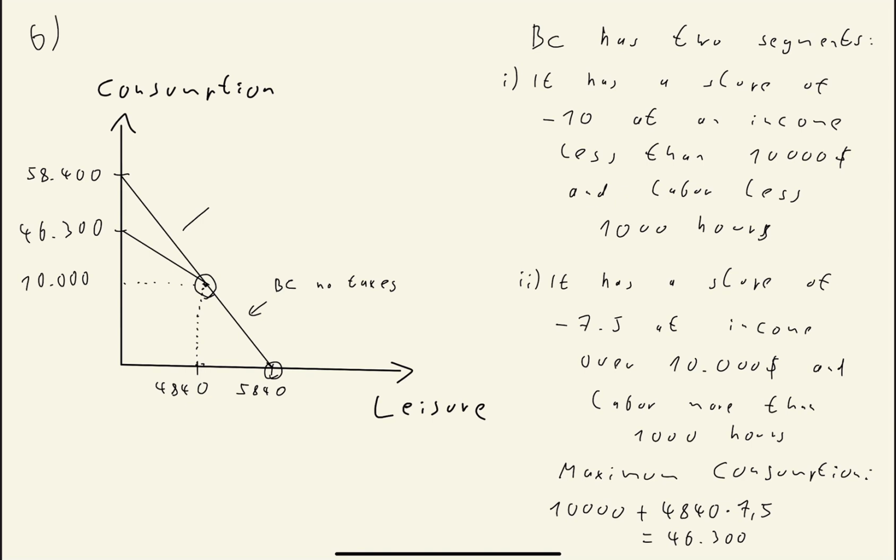This is the budget constraint with two tax brackets: one bracket where we do not pay any taxes at all, and another bracket where we pay a tax of 25%. And this gives us a kink at exactly this location here. And this finishes this sub-exercise.